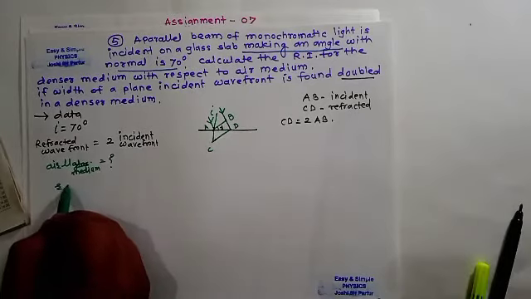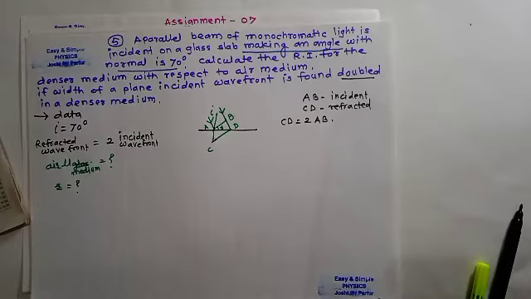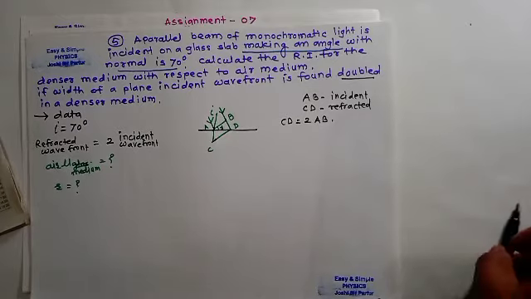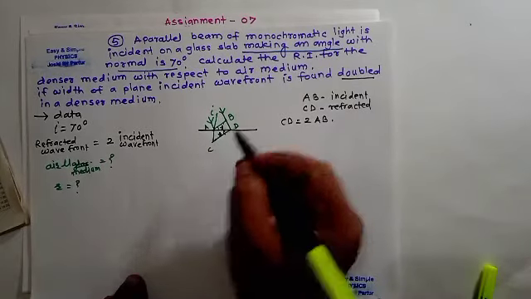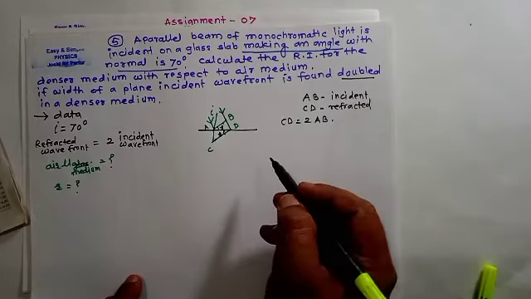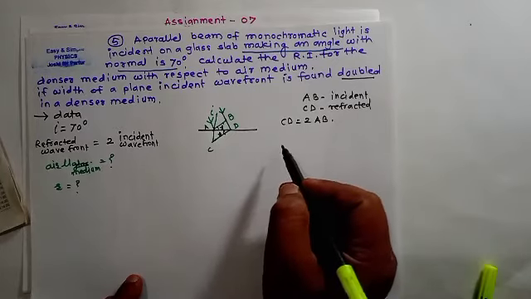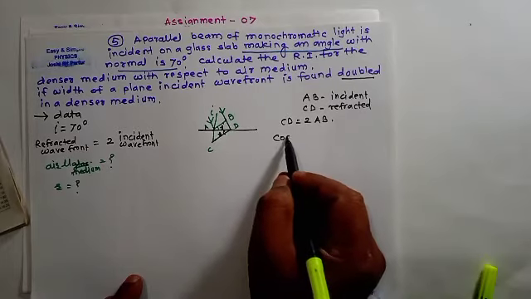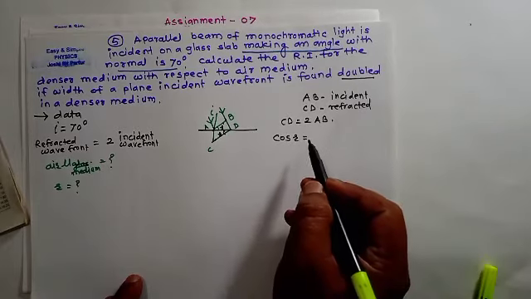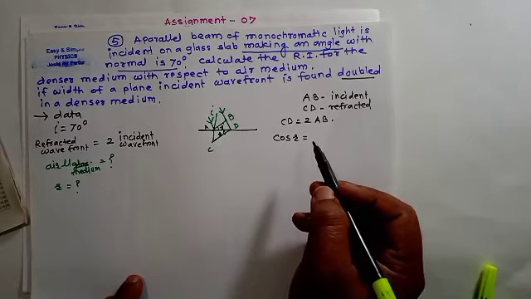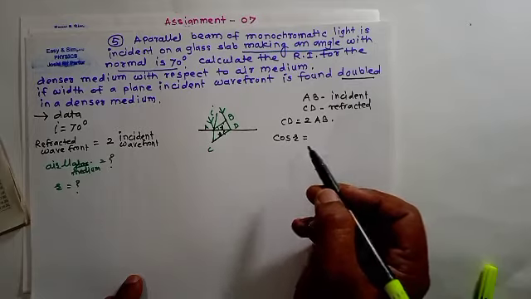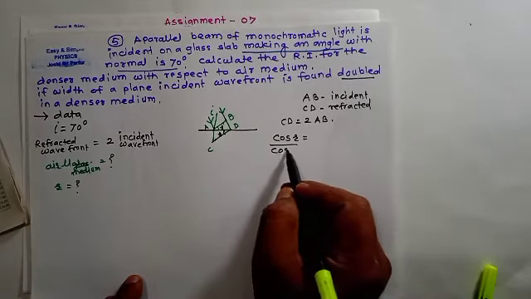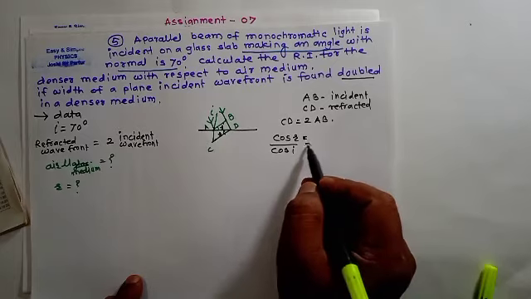So we can find out R. This is angle R, this is angle I. Find out cos of R upon cos of I, which will be 2.